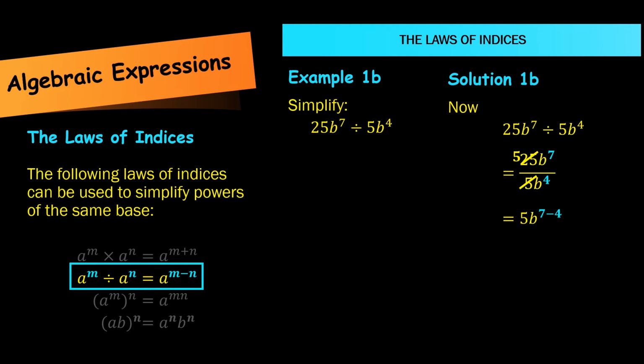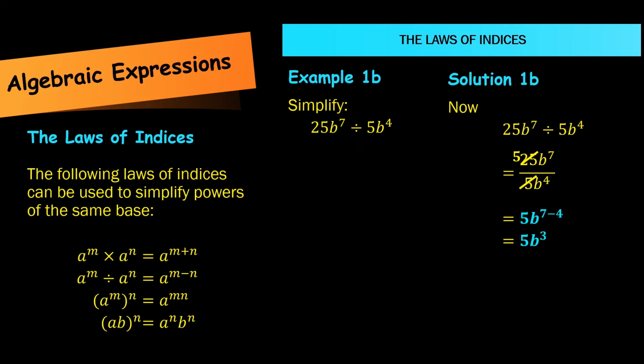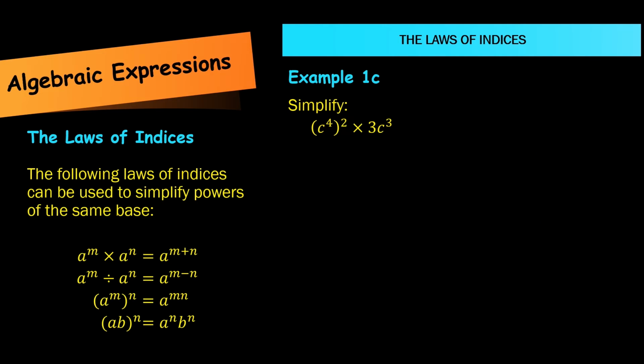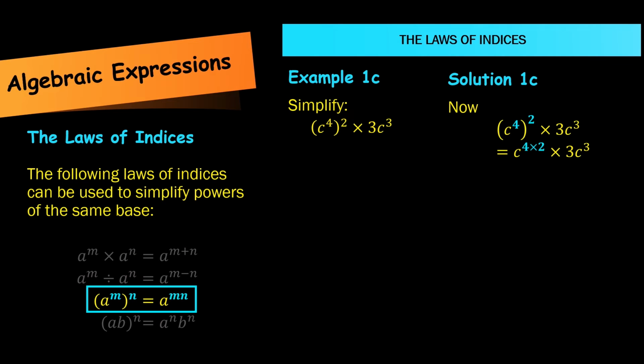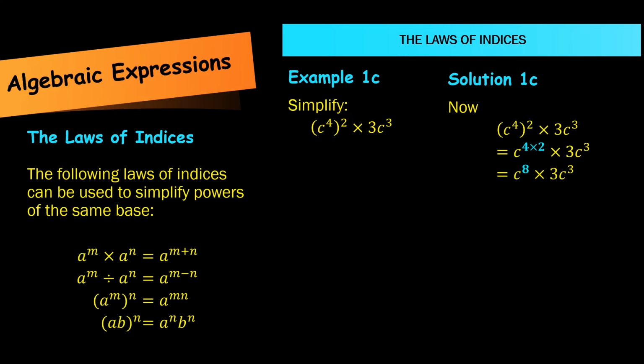And using the second law, we can subtract the indices as shown, to give us 5b cubed. And now for example 1c. Using the third law, we multiply the indices as shown to give us c to the power 8.